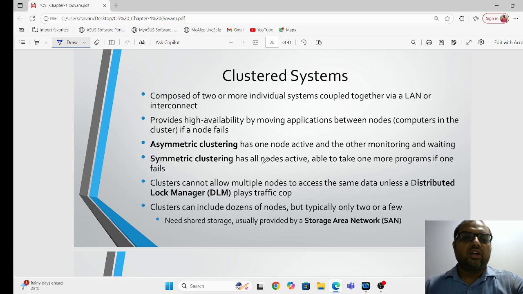So they are interconnected to each other via the LAN network. It provides high availability, because if the network is connected, we can access any of the systems from any geographical place.